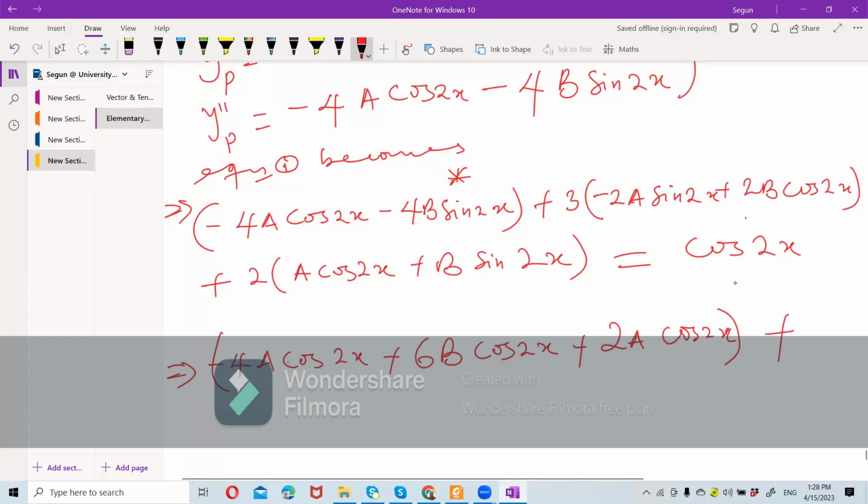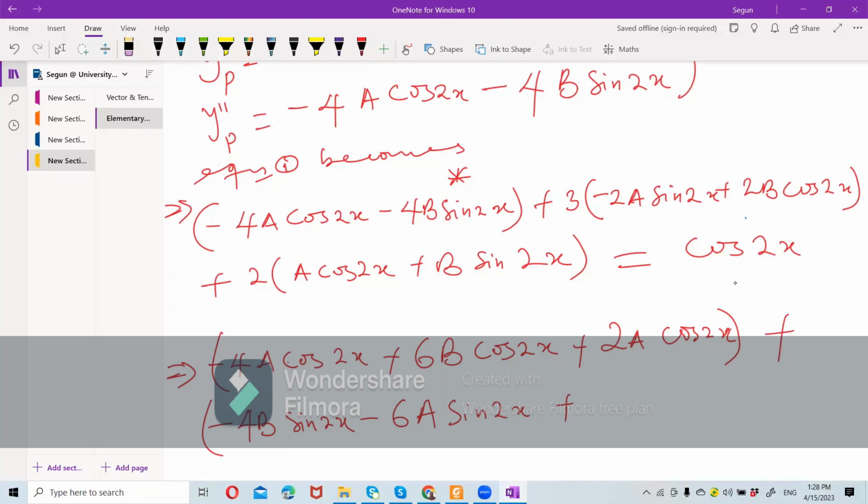Plus, now I have b. I have sine: minus b sine, minus 4b sine 2x. 3 multiplied by this, remember, minus 6a sine 2x.